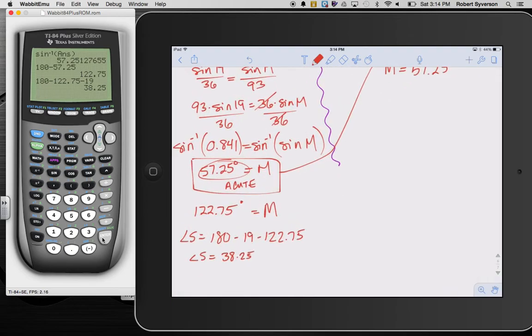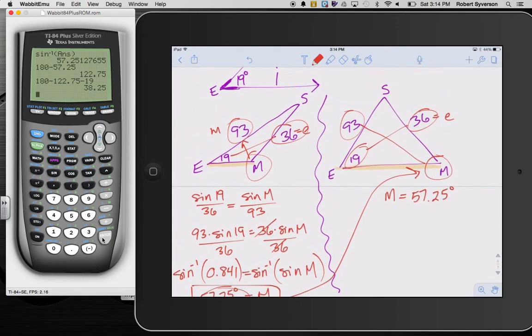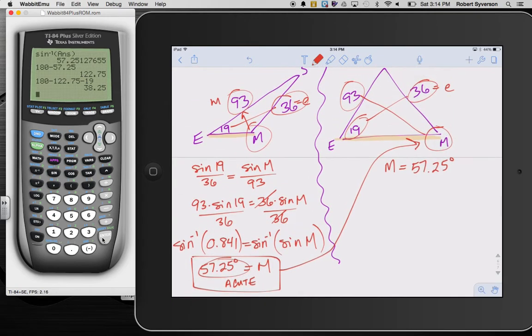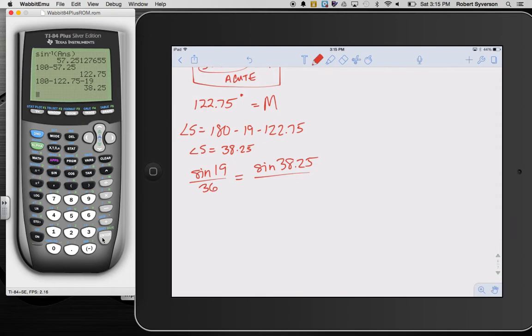Whew, a lot of work, right? But this is an awesome problem. Way beefy. Very cool. So we finally go back to that angle side pair we started with, 19 and 36. So sine of 19 over 36 is equal to the sine of 38.25 over, and we should call this side, the distance between Earth and Mercury, side S, because it's opposite angle S. So over S. Cross multiply.